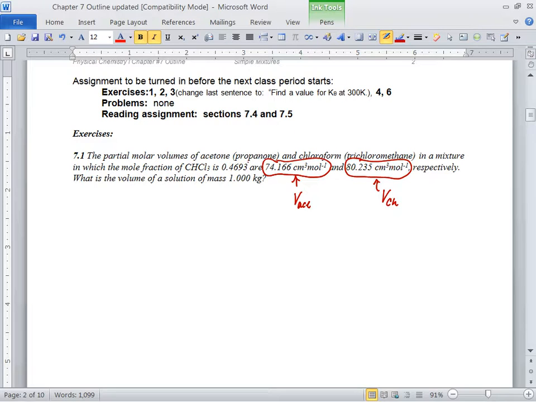Mole fraction is this. What is the volume of a solution of a mass 1 kilogram? Okay. So they want to know volume.